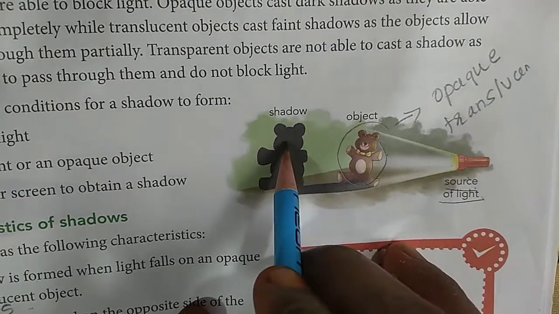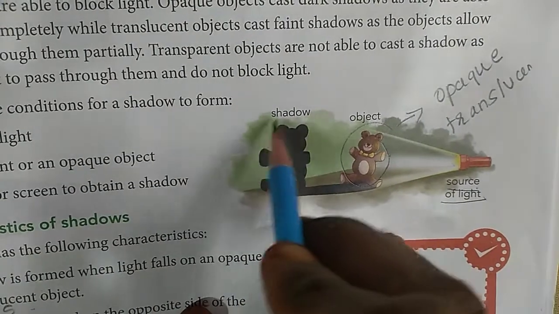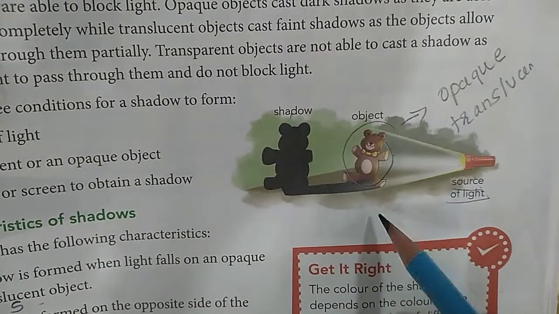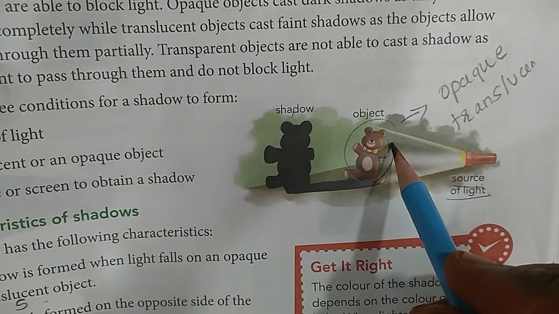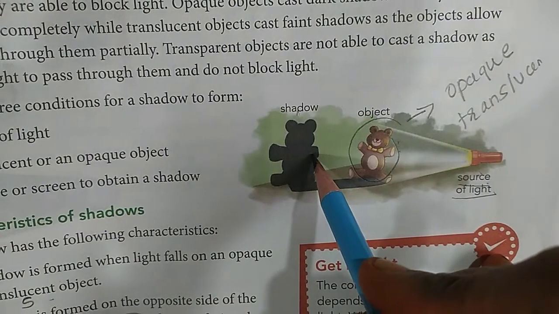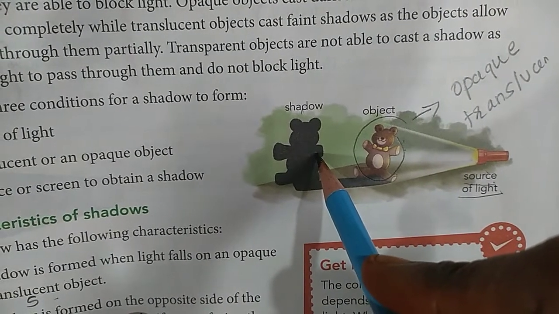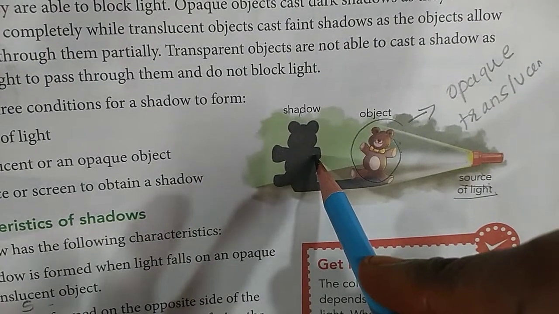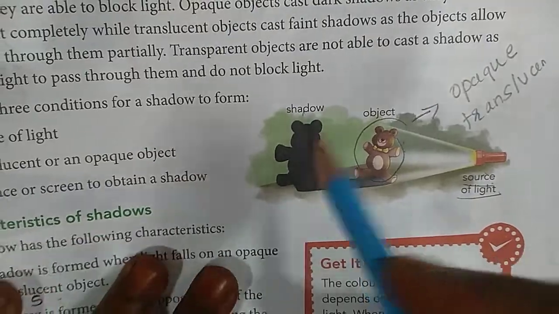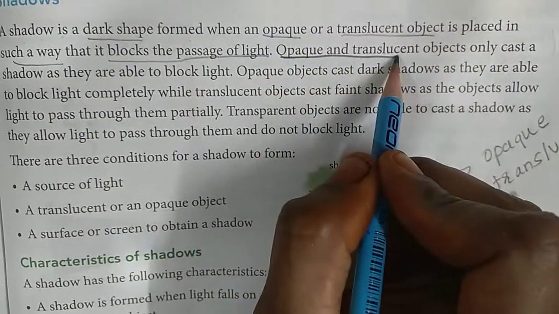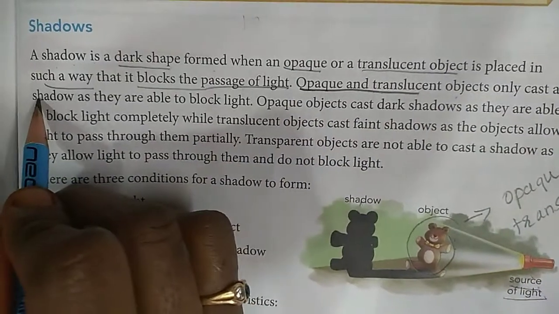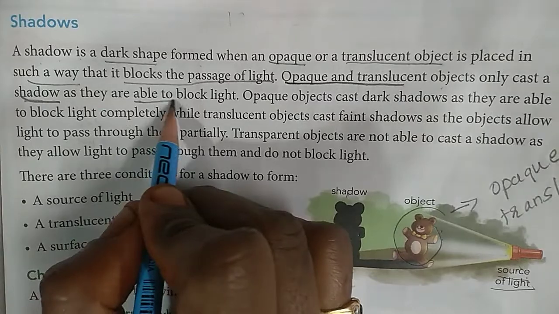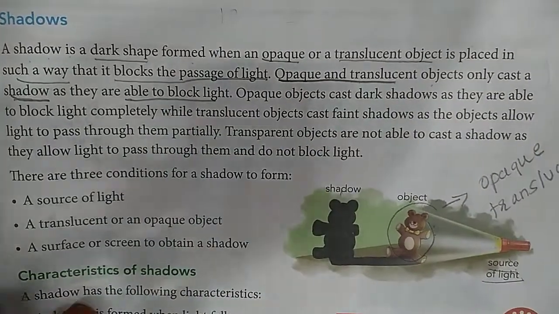And then on the other side, you can see the dark shape. It is called a shadow. Why? Because the path of the light is blocked. Okay. So the shadow is formed. So we discussed three materials: transparent, translucent and opaque materials. So only opaque and translucent objects cast a shadow, because they are able to block the light.